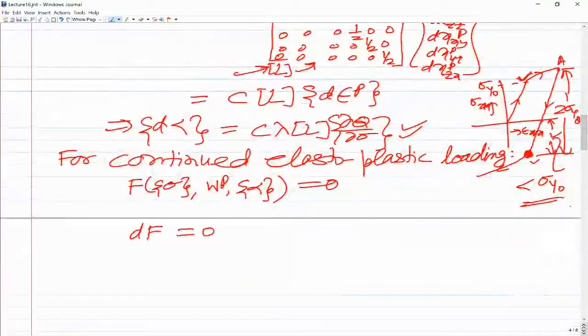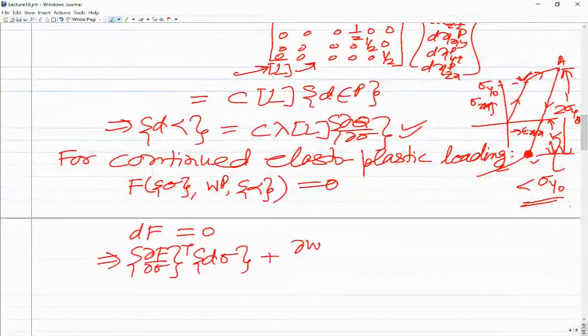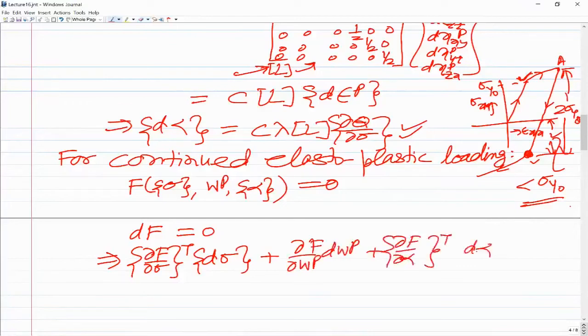For dF we have already written the expression: del f by del sigma transpose into d sigma, plus del f by del Wp into dWp, plus del f by del alpha transpose into d alpha, and this is also equal to 0 for the continued elastoplastic loading.